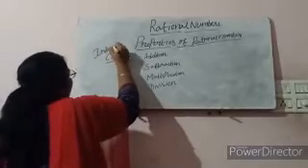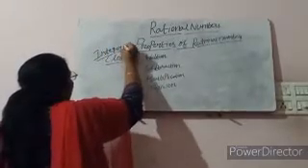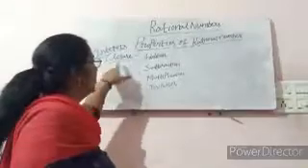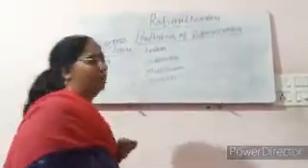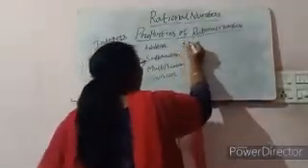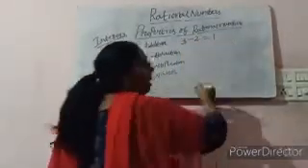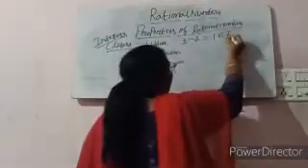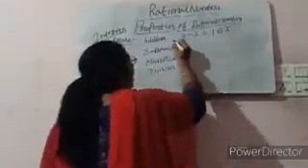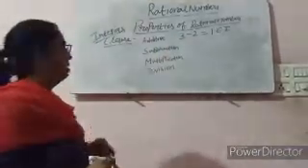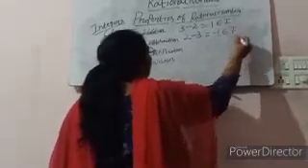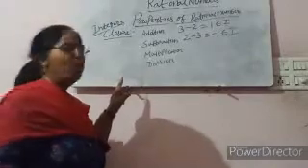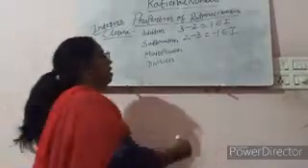Here also I am checking all four operations. 3 plus 2 is 5, which is an integer, so addition is satisfied. 2 minus 3 is minus 1, which also belongs to integers, so subtraction holds good.